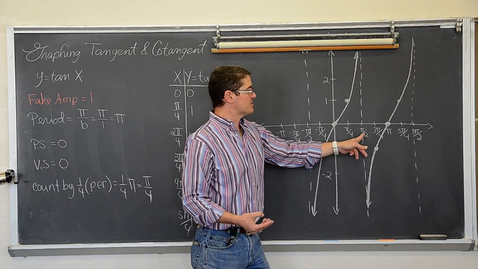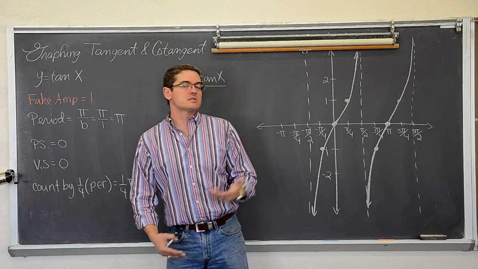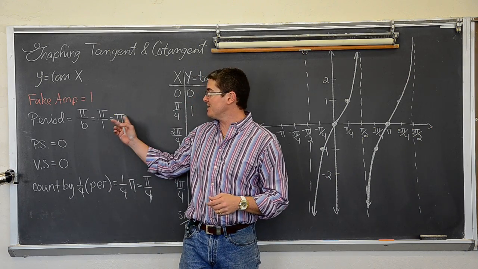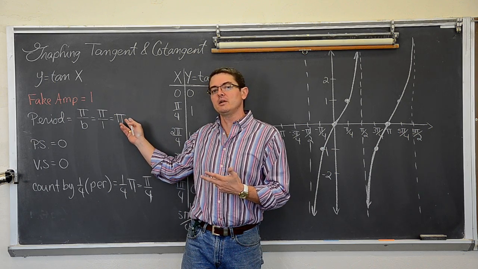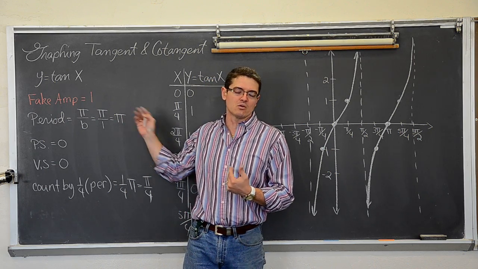In this case it would be plus or minus n pi, because this is a parent function and my period is pi. Your asymptotes are going to be separated by whatever the period is for your tangent or cotangent graph.